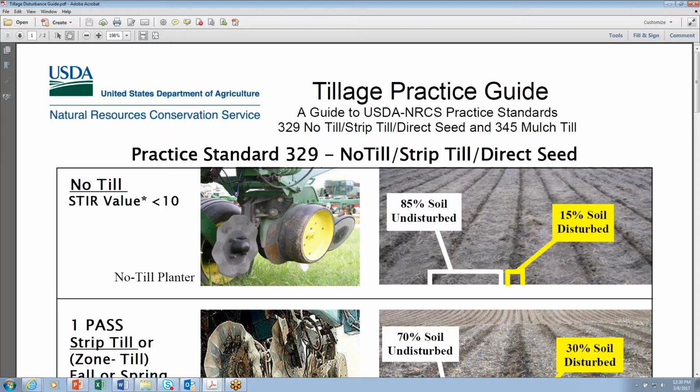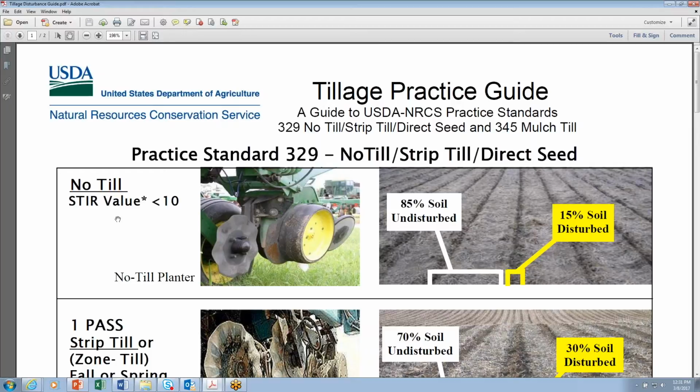So the first thing I'm going to focus on is the first line, and this is in the 329 practice standard. What is true, pure no-till? If you're really paying attention to true no-till, your stir value can never be above a 10. So that means you have a no-till planter. You're doing absolute minimum disturbance.